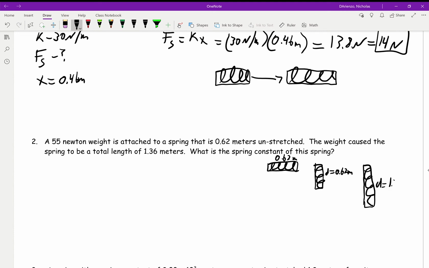And now the distance is 1.36 meters. What is the spring constant of the spring? Well, let's see what we know. We know that we have a 55 Newton weight attached to here, and that's going to be 55 Newton weight.